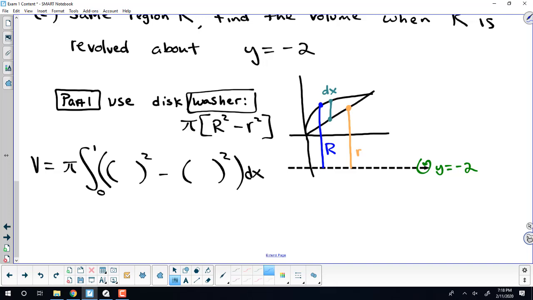So what is our capital R? Capital R, right. So that distance, top minus bottom, x to the 1/3 minus -2. So that's x to the 1/3 plus 2.